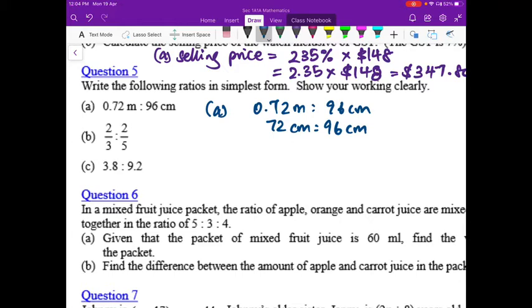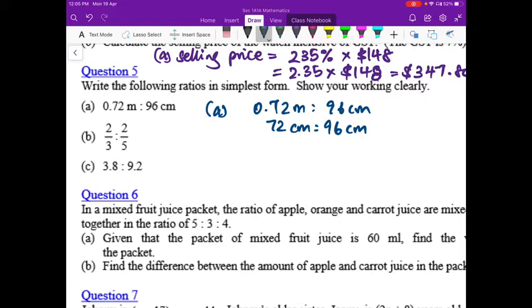But can I use my calculator for this? Do you know how? Yeah, I'll show you.